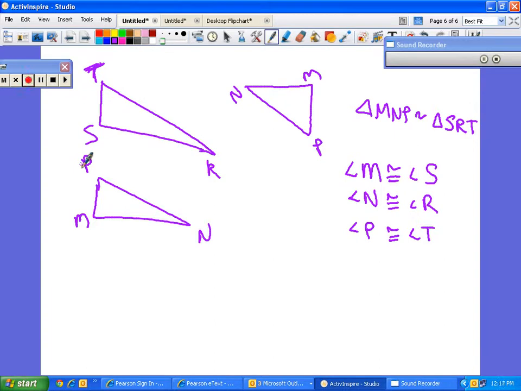Now, if I want to know what side is proportional to TS, I know that it's what? If I say TS, TS is proportional to what? PN. It's proportional, it's not congruent.